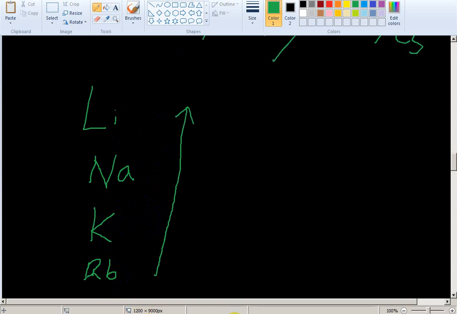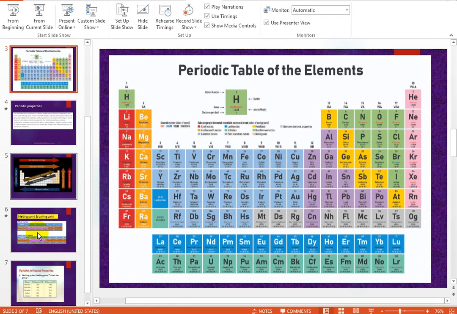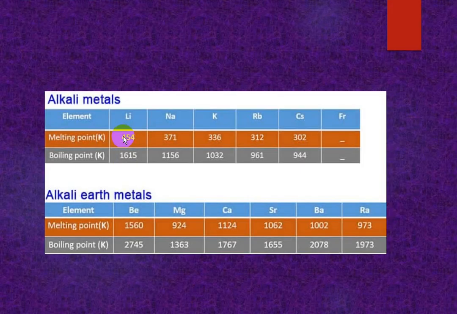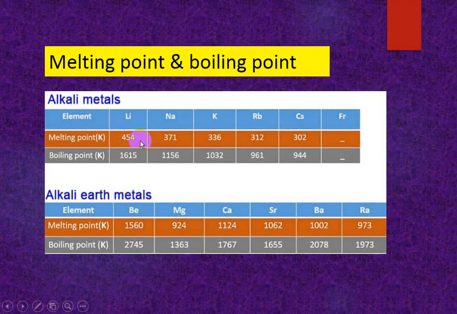Look, this is shown in this graph. Look at the melting points. Have you seen this group 1, the alkali metals? Lithium's melting point is 454 Kelvin, then sodium 371, then potassium 336, then rubidium 312, then cesium 302.